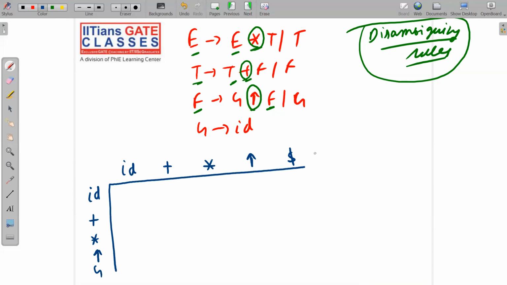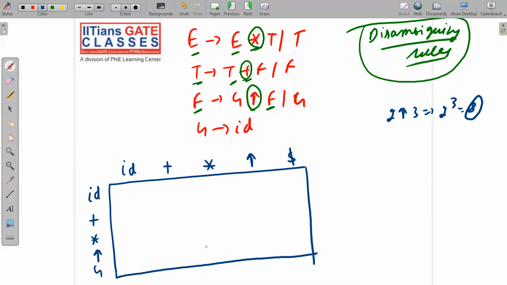I think you already know, 2 arrow 3 is nothing but 2 power 3, that is 8. So this is power. And here we have dollar, not G. Sorry for that. This is dollar. Let me draw the table first.